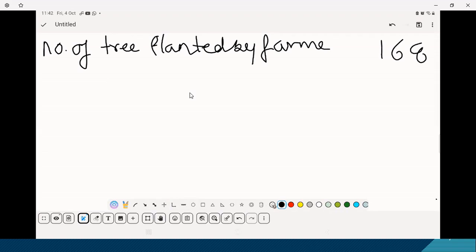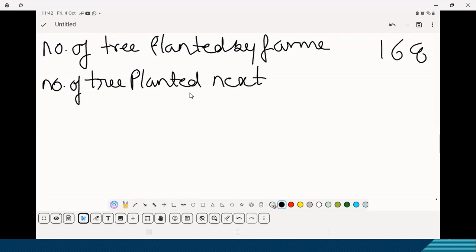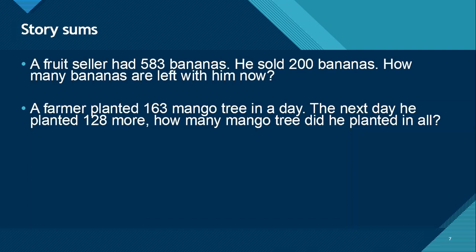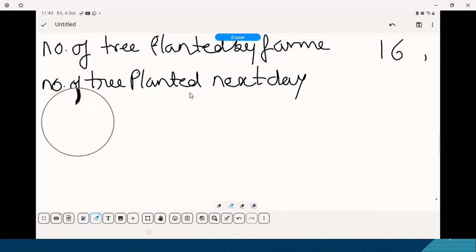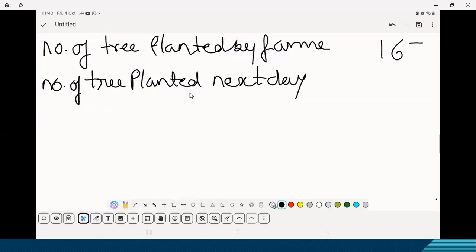And then number of trees planted the next day. Let's see the numbers, I forgot them. 163 and 128. Now, how many trees are there in all?